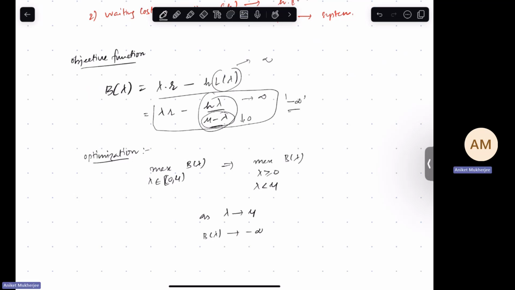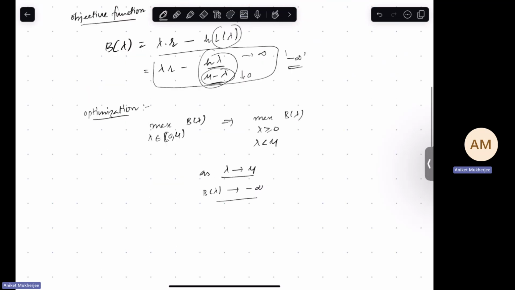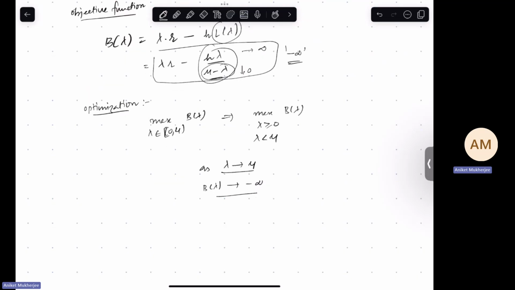So we do not need to concern ourselves about the upper limit of the feasibility, but we need to take into account that the maximum could occur at some lower limit, such as lambda equal to 0. If lambda equals 0, you will see that the cost function goes to 0.